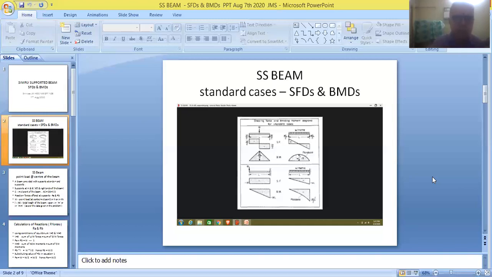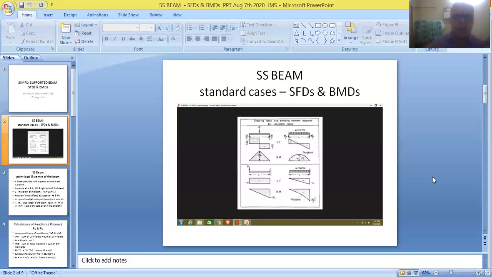The first portion is denoted by AC, and the second portion by CB. This division of the beam into different portions is very essential for preparing SF and BM equations, and ultimately for construction of shear force and bending moment diagrams.